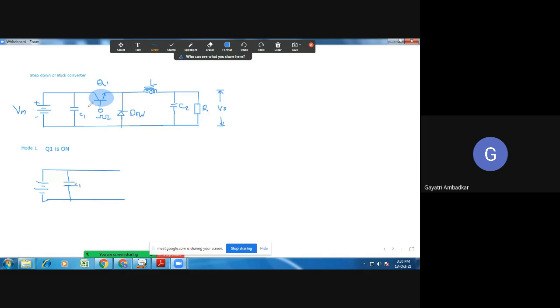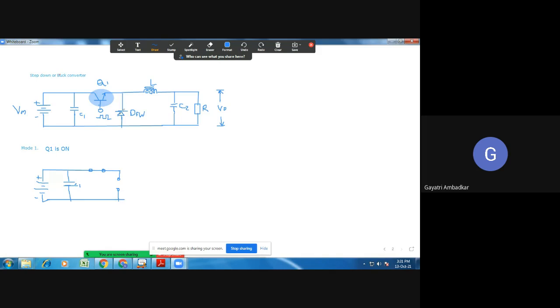We consider that the switch is conducting, so it is an on switch, a closed switch or a short circuit. Now because of this, this is positive and this is negative. So the anode of the diode is getting positive potential here and the cathode is getting negative potential. So what will happen to this diode?